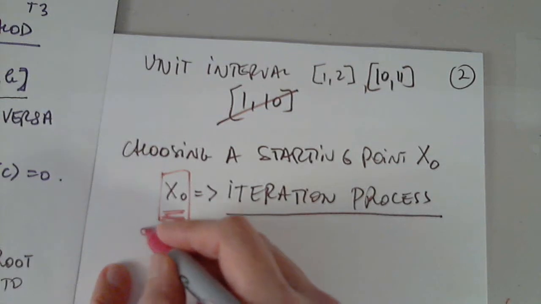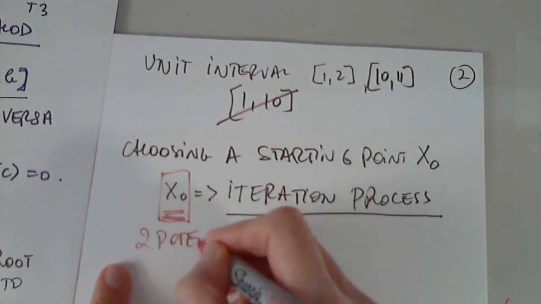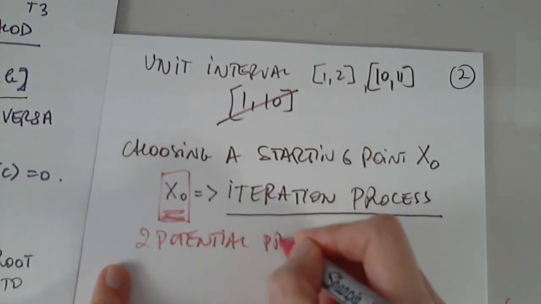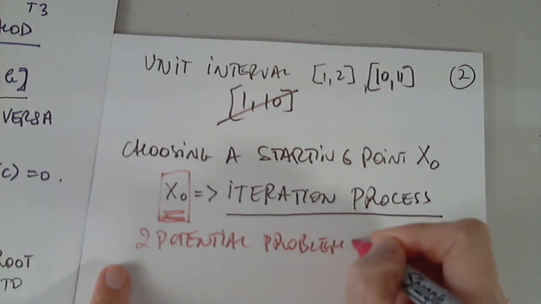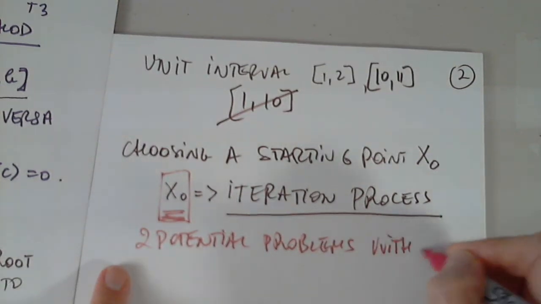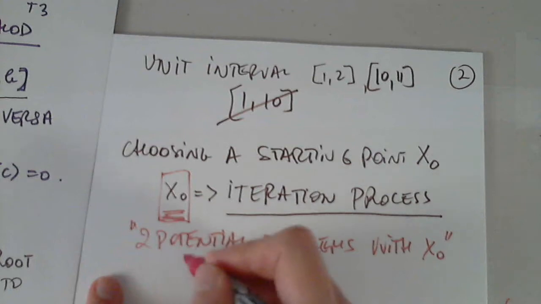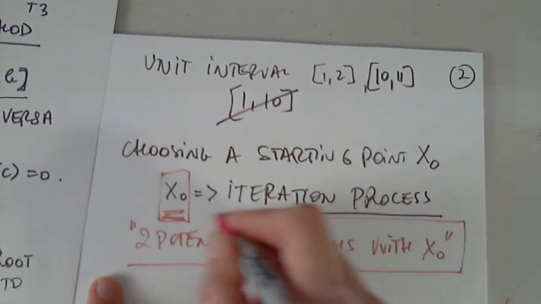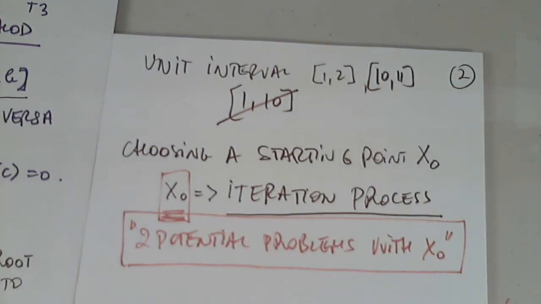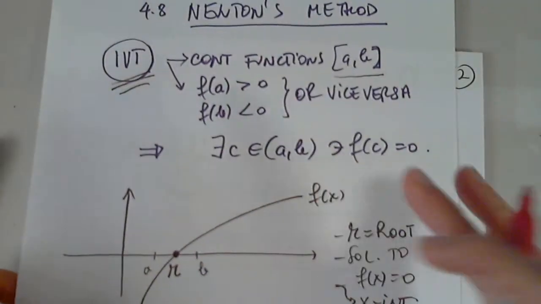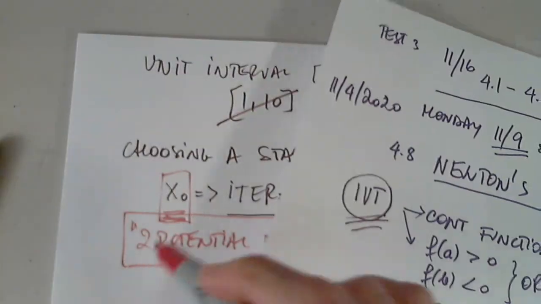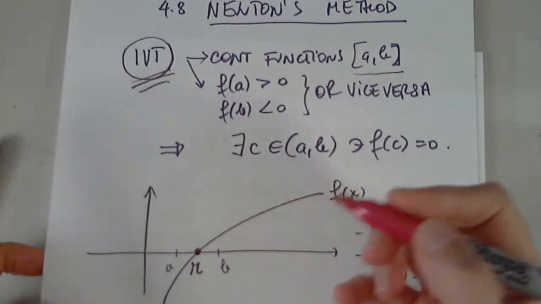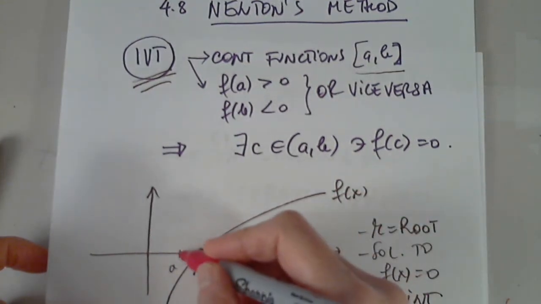Okay, so two potential problems with x sub 0. I will come back to them in a minute, or two or three. I will not forget. So let's assume the conditions are fulfilled, and I will give you the two conditions. And let's suppose I start at this point.